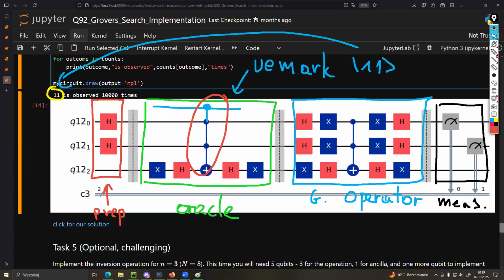So what would happen if we mark only one state and perform this operation and we mark 1 1 1, we have exactly the same situation as Robert said. So we get 1 1 1 as our state. If we have marked two states, let's say 1 1 1 and 0 0 1, then we would have 50-50 of those two solutions.